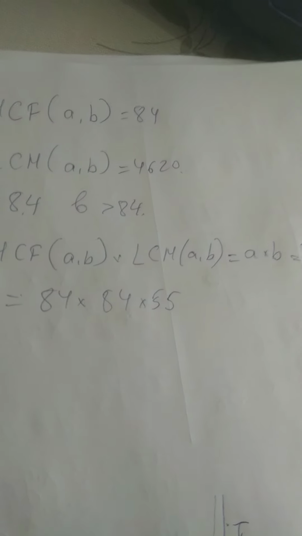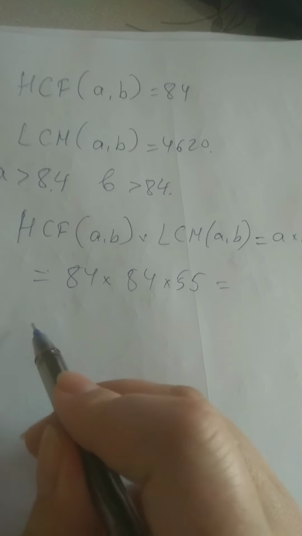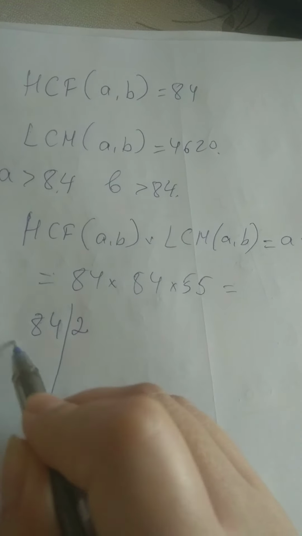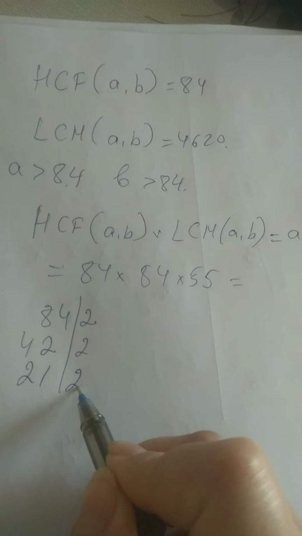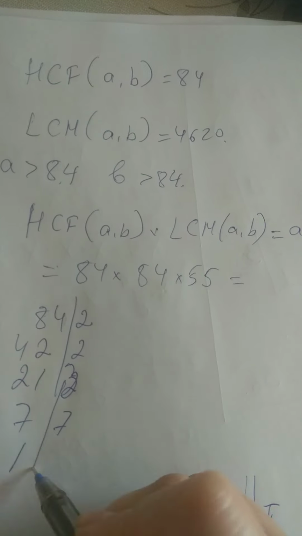Guys, then you need to find the factors of this multiplication. For example, 84: I can write without the factoring, but I want to show you. 84 is 2 times 42, 2 times 21, 2 not, so 3 times 7, and 7 times 1.